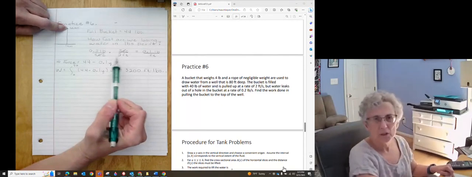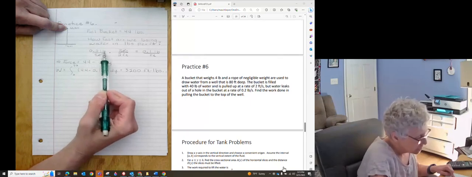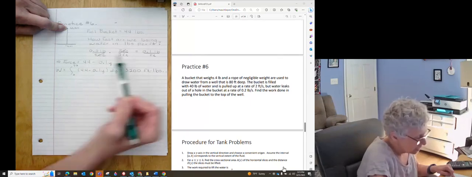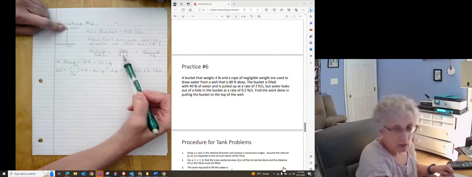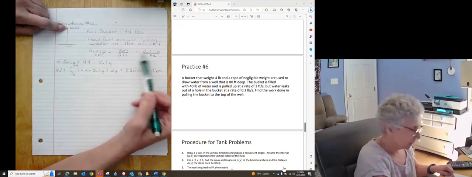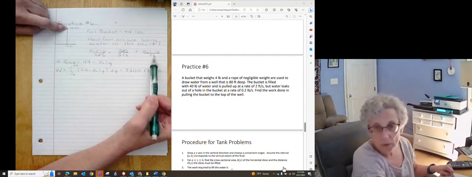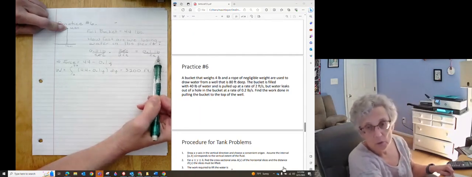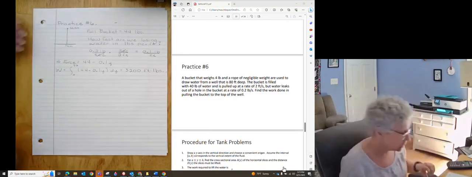So I'm not interested in seconds, I'm interested in feet. So I'll lose 0.2 pounds per second, and I'm moving at a rate of 2 feet per second. So I can cancel seconds. So 0.2 over 2 is 0.1 pounds per foot of water. So every time I move up a foot, I lose a tenth of a pound of water.